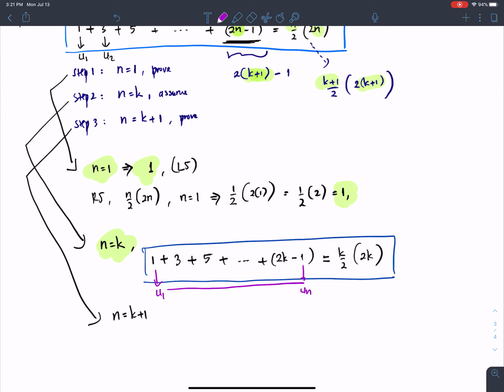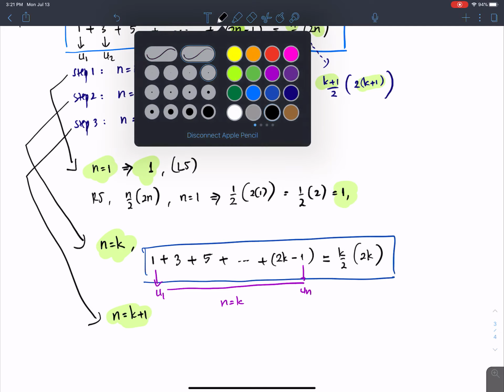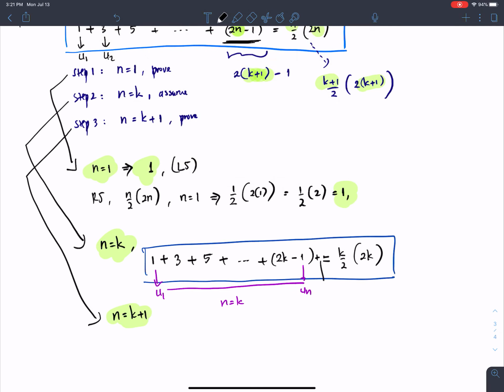This is n equal to k. So when we would like to prove for n equal to k plus 1, meaning there will be another term after this point. That will be uk plus 1. But we don't need to write it down. Okay, again remember our goal is to have this form.